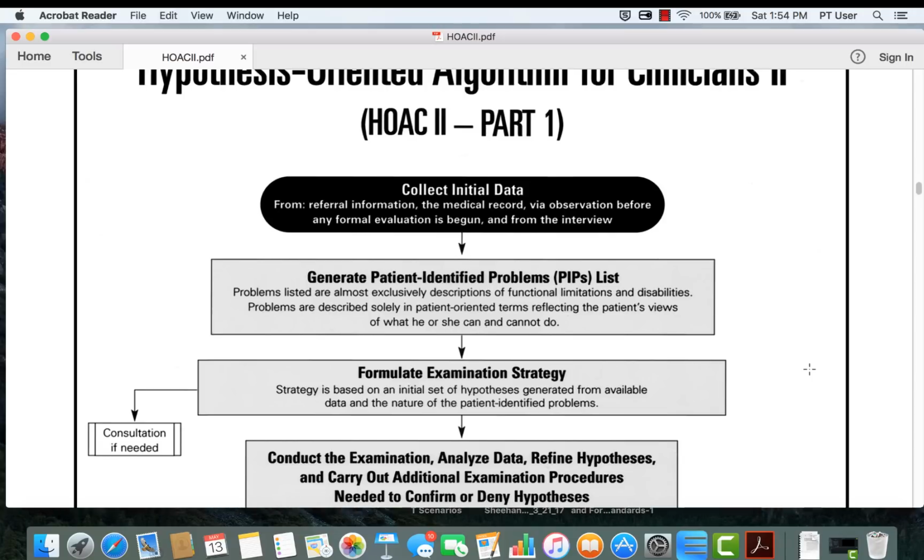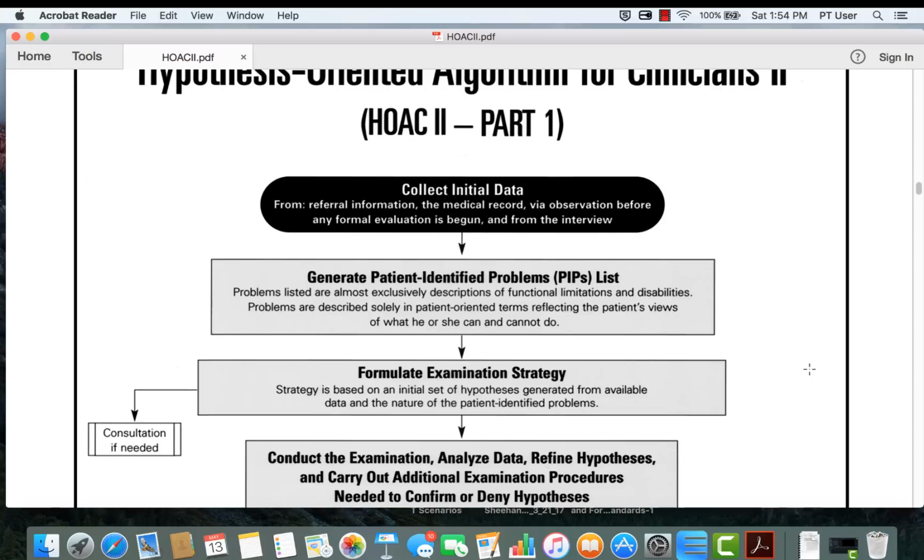So step 2 is PIP list, and let's just look at the text within that box. So when we make or determine or list out the PIPs, they're at the level of functional limitations and disabilities. And I'll talk about that in a moment. These problems, and I stated this a moment ago, are described, at least at this point, in patient-oriented terms only.